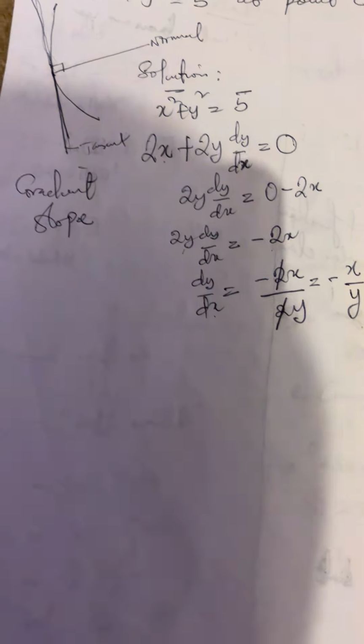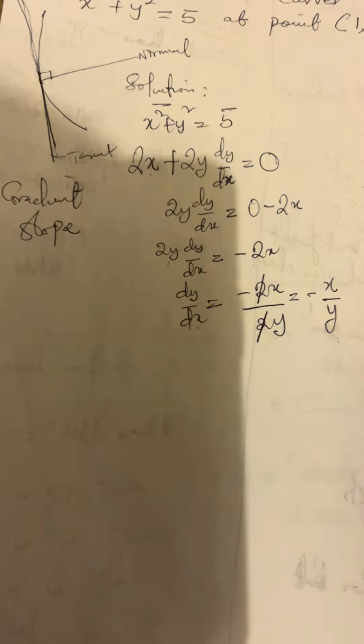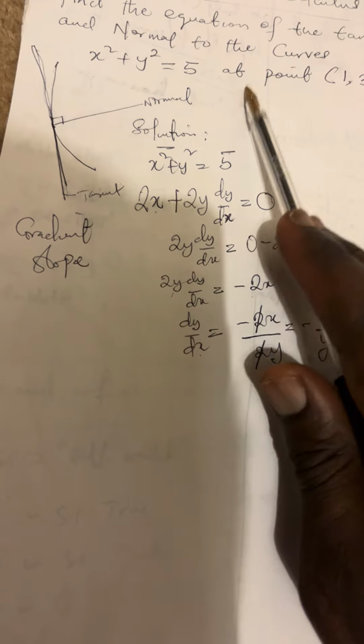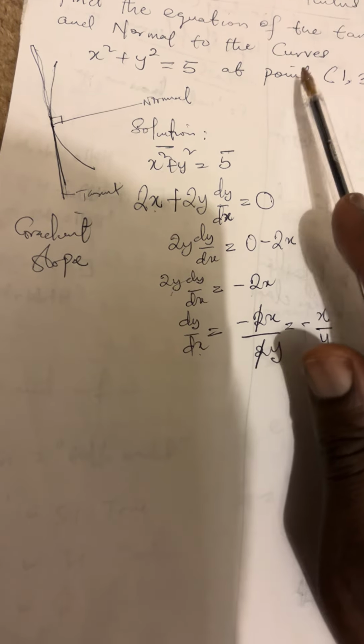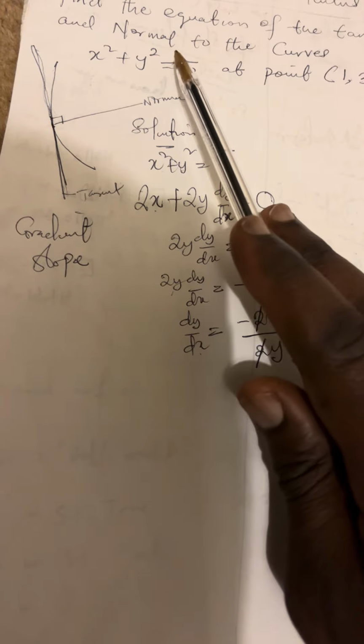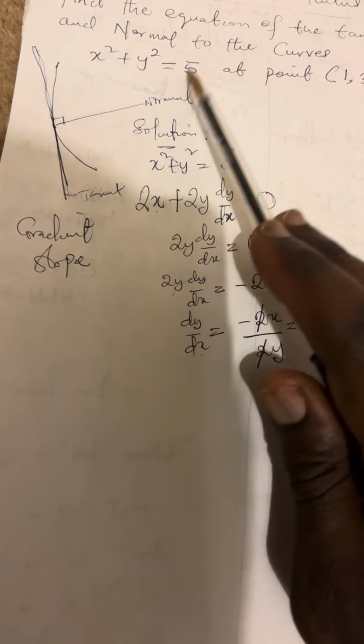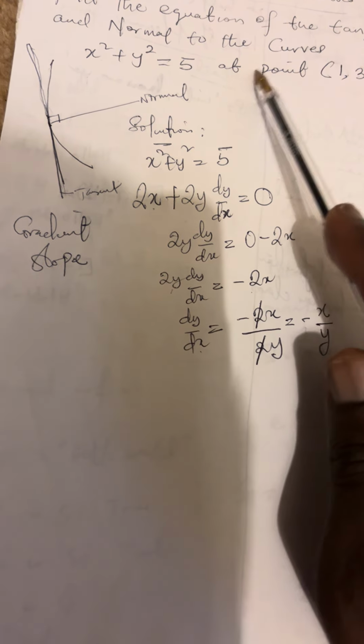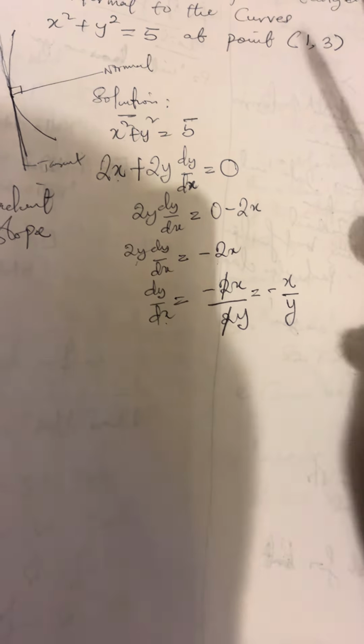So gradient, slope. They tell us that the equation of the tangent and normal to the curve is at the point (1, 3).